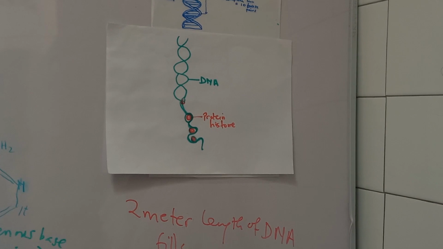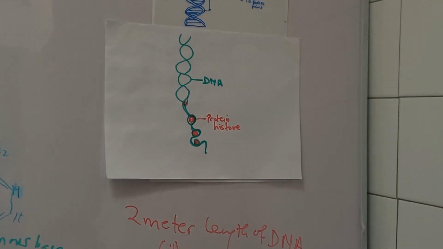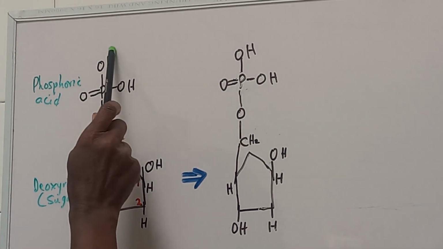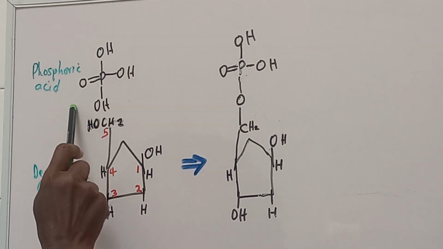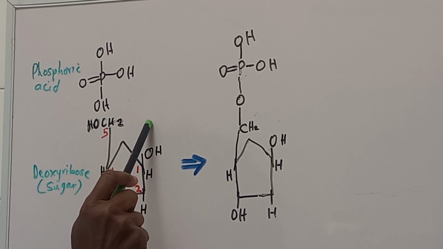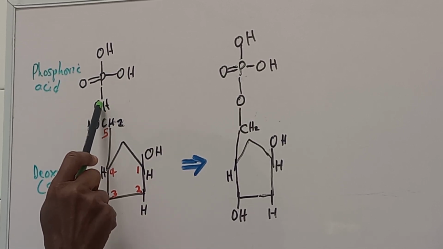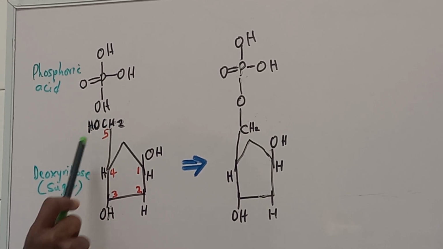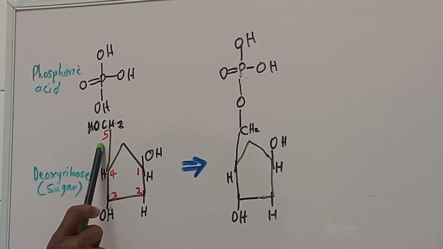And as I said, in the appendix, we want to look at a bit of chemistry. Good. So the chemistry, here is phosphoric acid. Here is deoxyribose sugar. The phosphoric acid links at carbon 5 on the deoxyribose sugar.